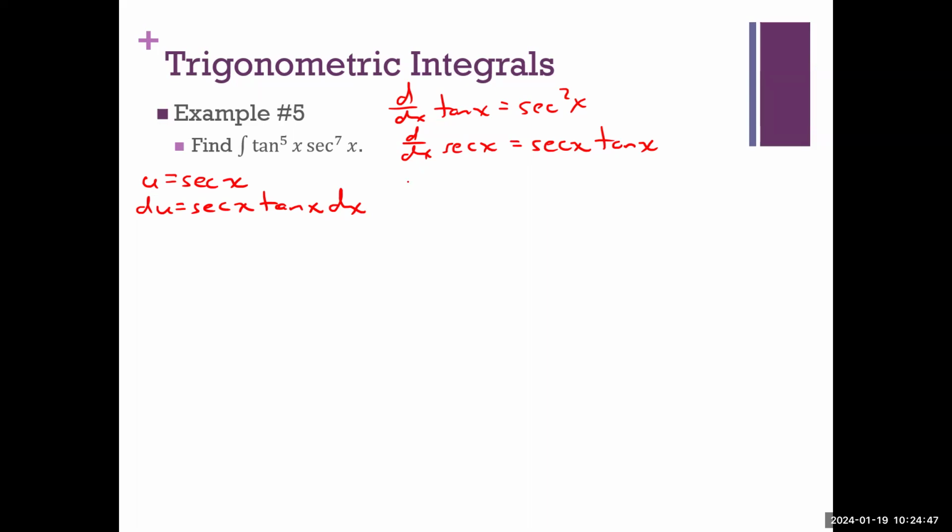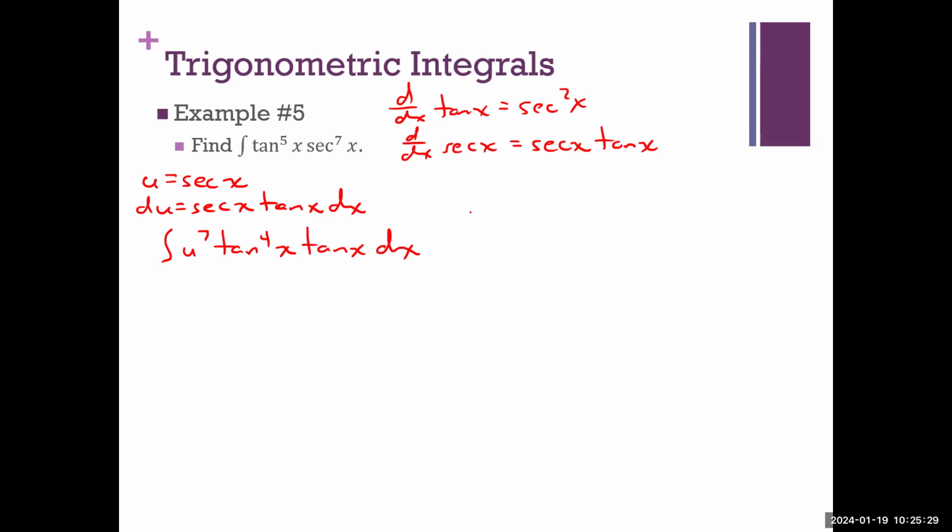All right, so now that we've decided on that u and du, let's start rewriting this integral. How's it going to look? Or tell me what's right. Secant to the 7th times tangent to the 4th? You said u to the 7th times tangent to the 4th? Yeah, I want to split the tangent into... Okay, let's try this.